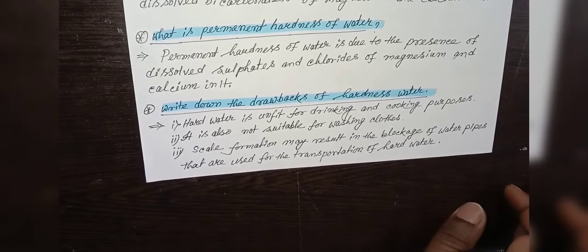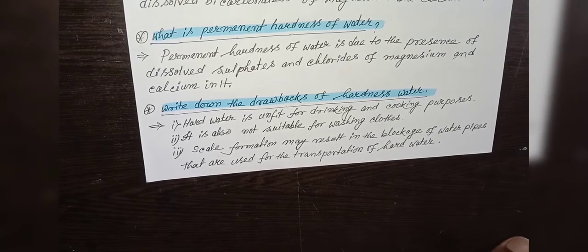Hard water is unfit for drinking and cooking purposes. It is also not suitable for washing clothes. Scale formation may result in the blockage of pipes that are used for the transportation of the hard water.